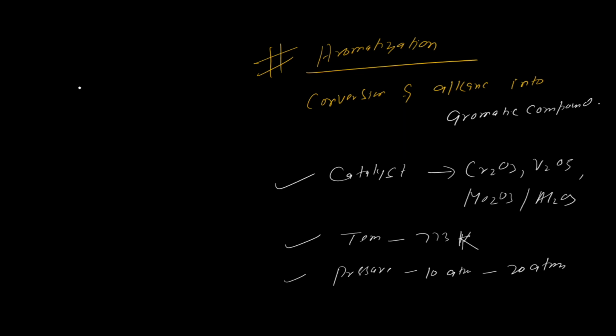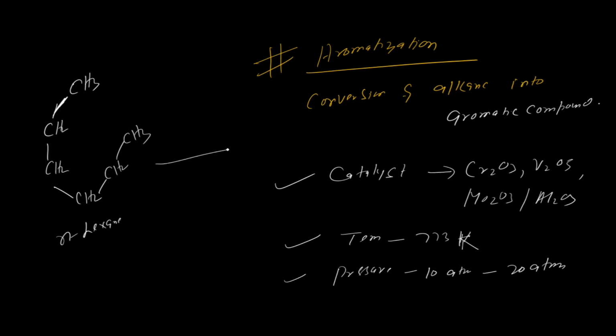When you take n-hexane, it can be written like CH3, CH2, CH2, CH2, CH2, CH3, carbons 1, 2, 3, 4, 5 and 6. This is your n-hexane, normal hexane.